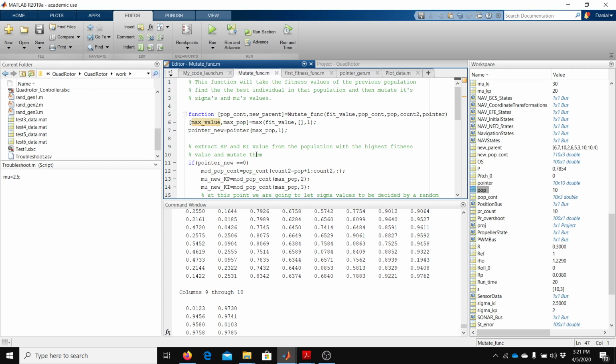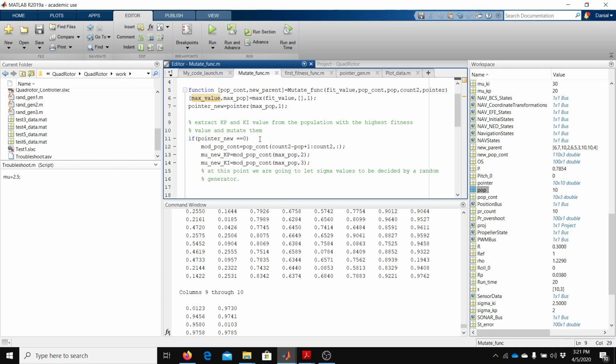The mutation function evaluates the maximum value of a particular generation. You give it the first generation, which consists of a population, and you evaluate the highest fitness value. You take that highest fitness value, and depending on whether the pointer is 0 or 1, if the pointer is 1, that means you were not able to get a very good value of your KP or KI, and now you need to change that sigma.